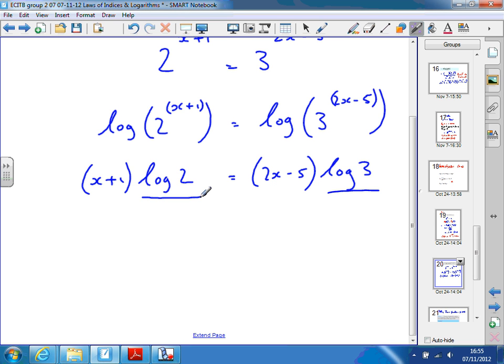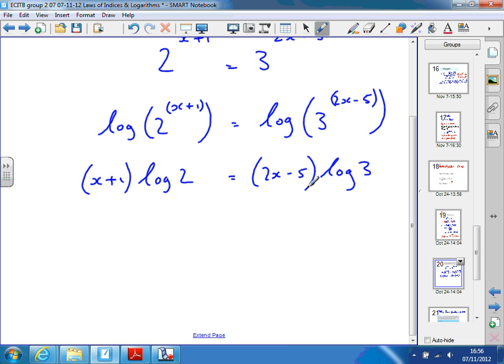And then I'll just have one number with lots of decimal places. Which way to go? Well, I've got to remember that I'm going to multiply out the brackets. So this awkward decimal number multiplying out with this will probably be a bit easier to work with because it's only x plus 1 rather than 2x minus 5. So making life easy for myself, I would probably decide at this stage to divide both sides by log of 3 to get all these awkward numbers together on the left-hand side.